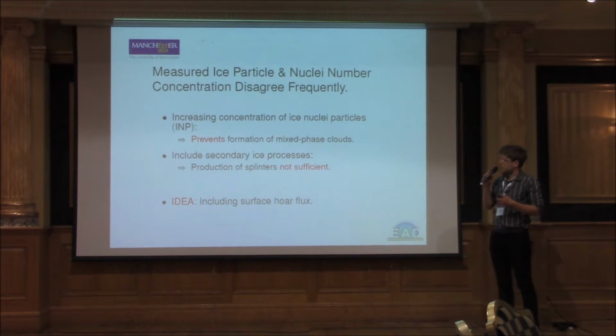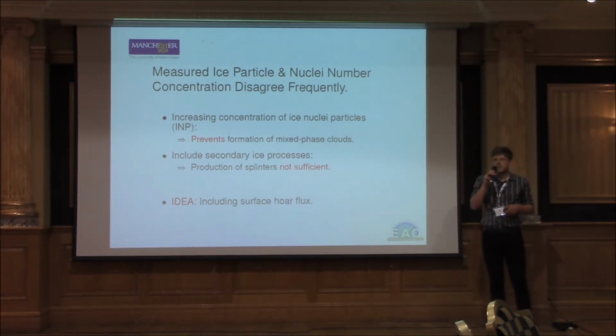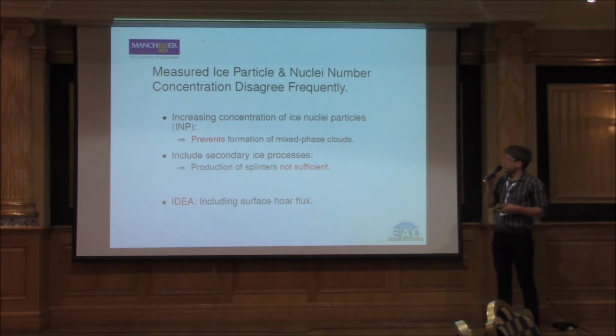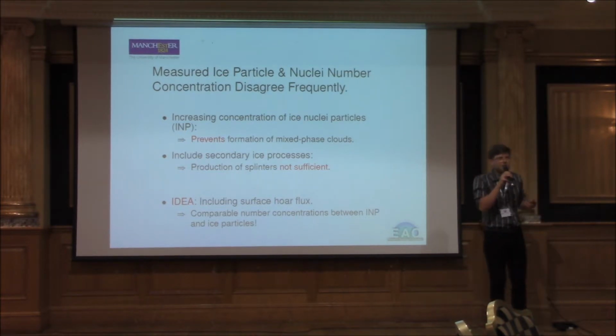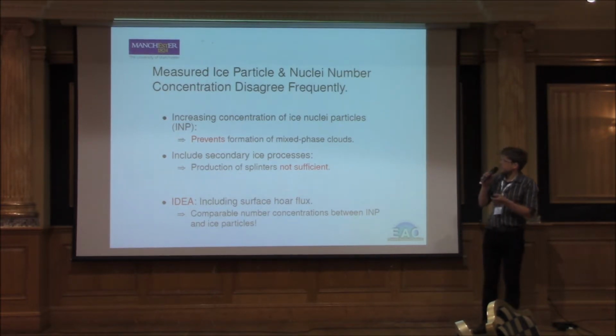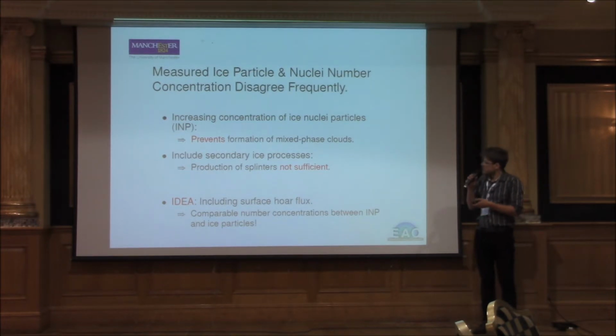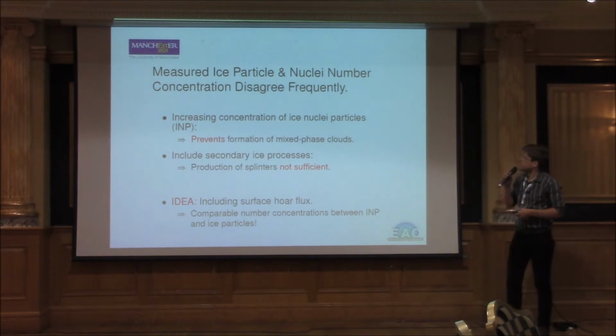So they came up with an idea to include another secondary ice process, another source, which they thought should be a surface hoar flux. Adding this theoretical flux to the model enabled it to calculate numbers comparable to the measured numbers.